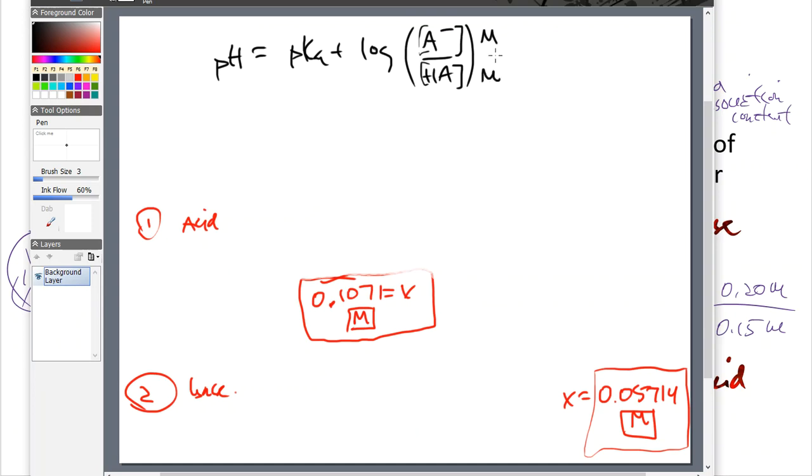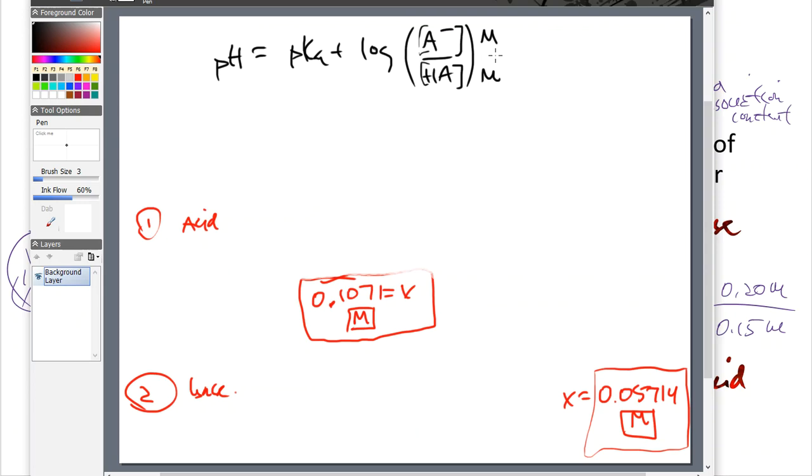If your question did not give these to you in molarity, you have to get them into molarity. So for instance, if they told you grams of acid that you've weighed out, or grams or maybe even milligrams of base, you're going to have to convert that into moles. You're going to have to know how much of that you've made, so that will give you volume, and that will give you molarity. It is always molarities that go into the Henderson-Hasselbalch equation.